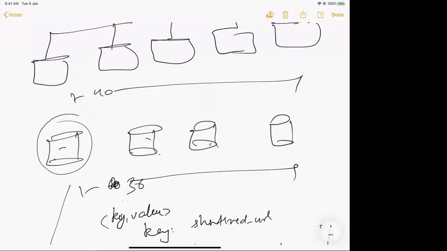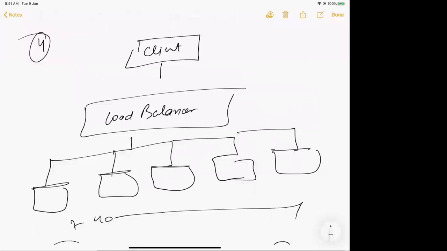Now let's come to the app server. First of all, you guys tell me, do I require consistent hashing here? Okay. So many yeses, some no's. Let me ask a different question before that.